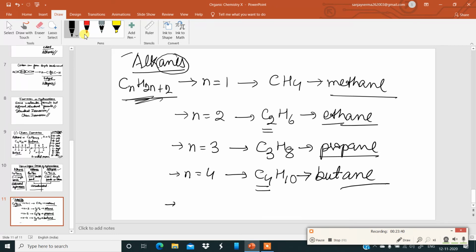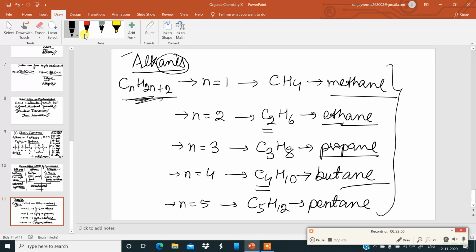And one more, for 5 carbon atoms, you can have C5H12. Now 5 carbon atoms, it is pent, and it is an alkane, so pentane. Please note that in all these compounds, all carbon bonds are single bonds.